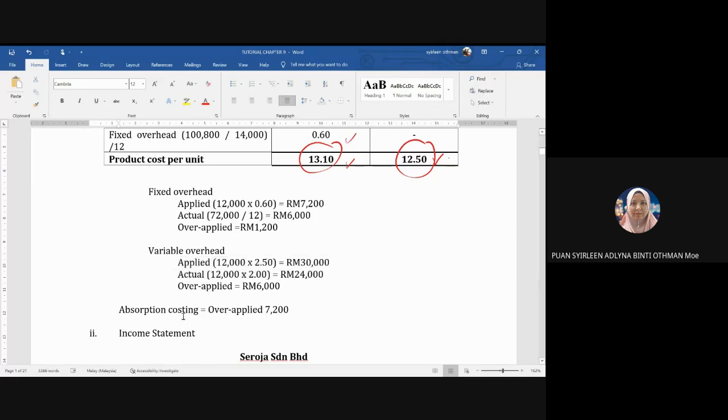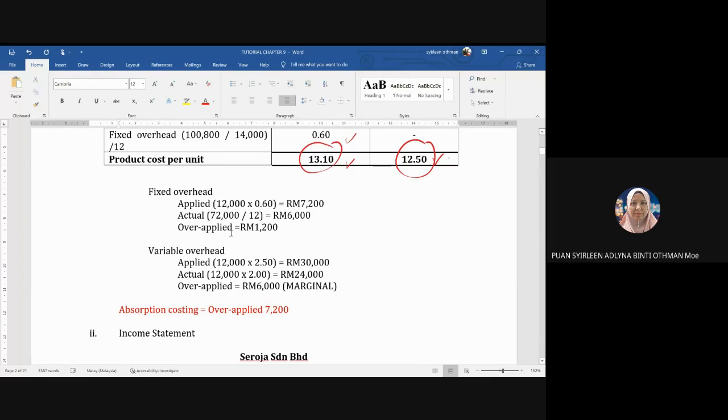Okay, so over applied dekat sini you have 6,000. Okay, so now untuk variable ni, over applied ni saya akan guna dekat marginal. This one will be used in your marginal statement. Okay, tapi yang ini saya akan guna di absorption. Okay, sebab absorption tu you need to combine kan.